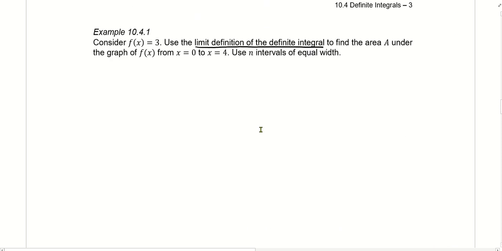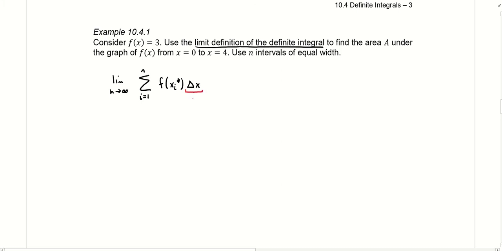The limit definition of the definite integral is the limit as n goes to infinity of the sum from i equals 1 to n of f of x sub i star times delta x, which is that b minus a over n, so it's that width. So we'll fill that in a second, but let me just label it here.